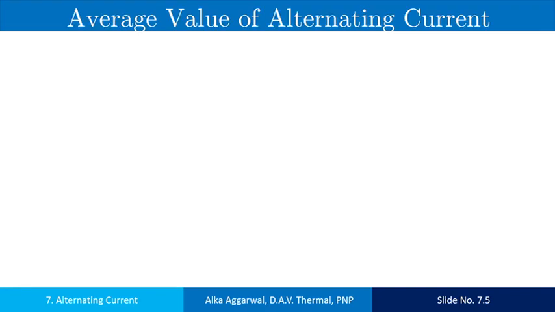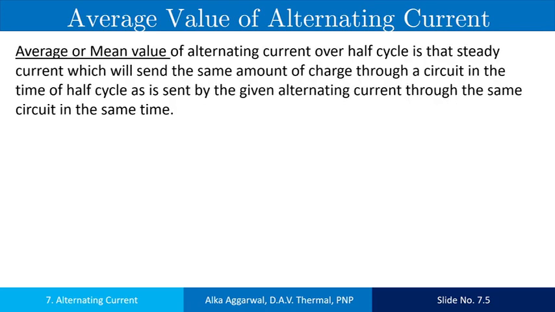Now the average value of the alternating EMF. Here I am first taking the current.